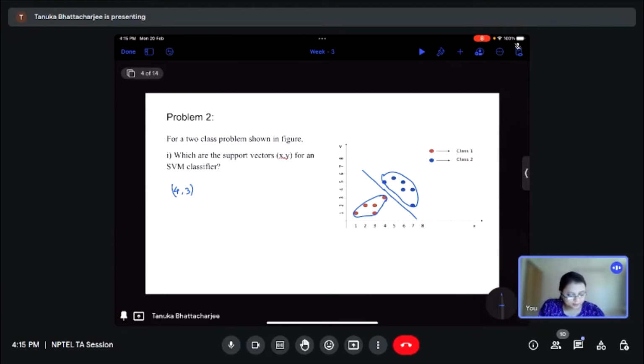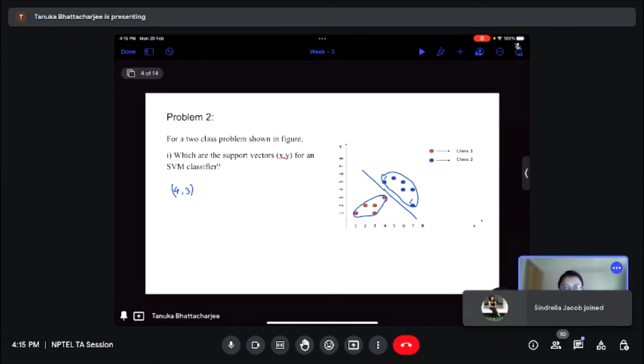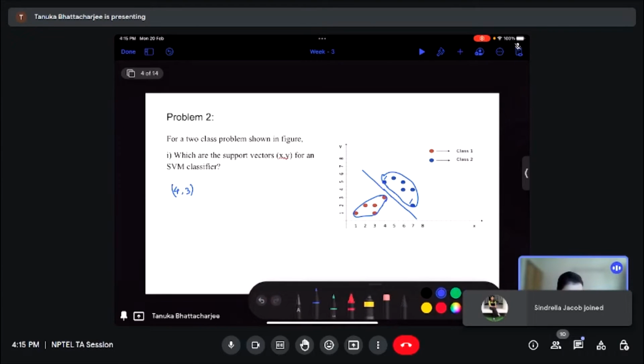Now among the blue, the way I have drawn the decision surface, both this point and this point look to be the closest ones to that decision surface. But depending on the orientation of the decision surface for the maximum margin, either one or two or both can come up as the closest points or the support vectors.